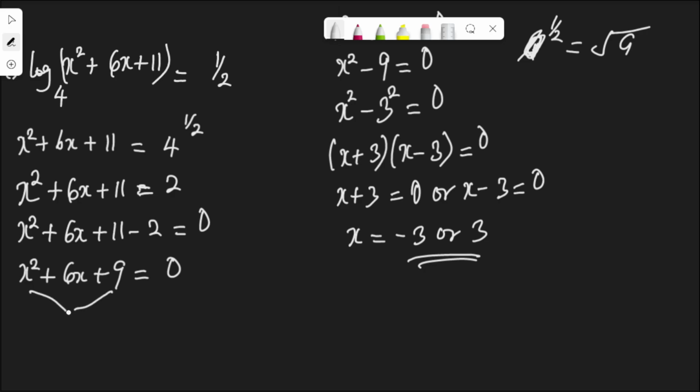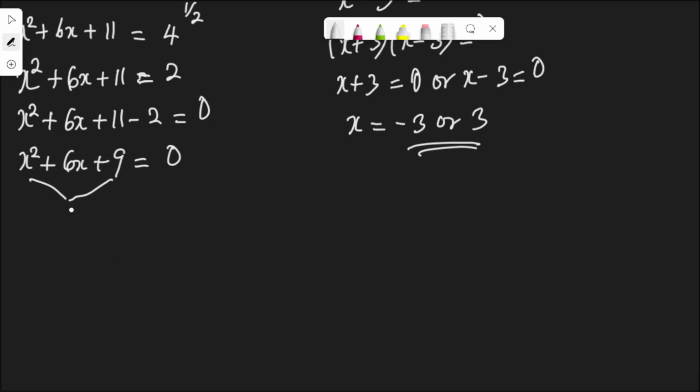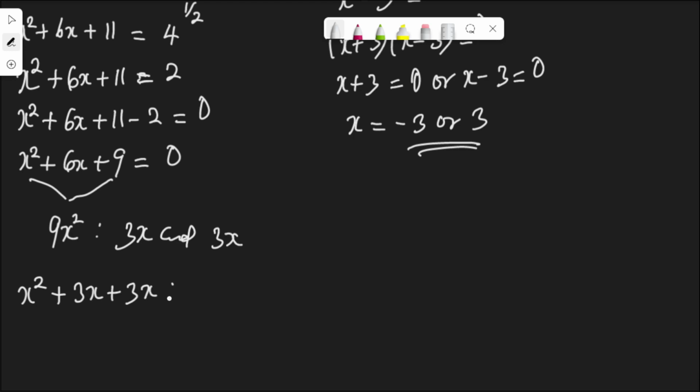It's a quadratic equation, so let's solve it by factorization. x squared times 9 is 9x squared. Two factors of 9x squared that give us this middle term 6x will be 3x and 3x. 3x plus 3x is 6x, and 3x times 3x is 9x squared. So we replace the middle term with the factors: x squared plus 3x plus 3x plus 9 equal to 0.